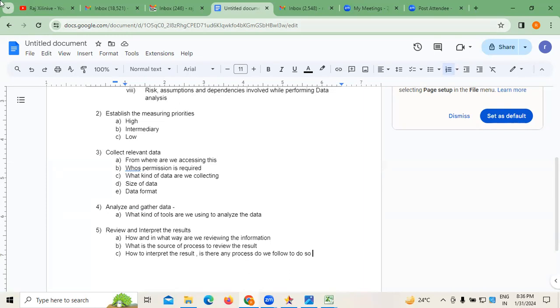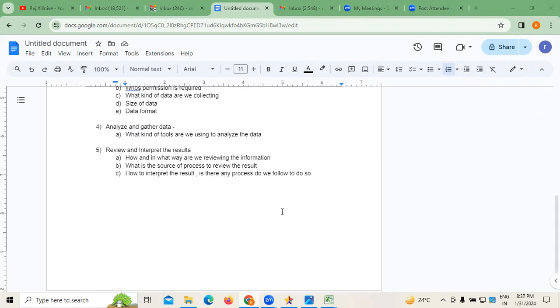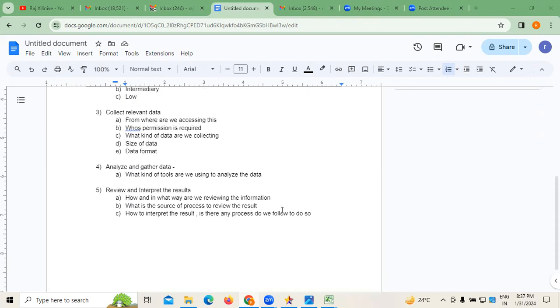So this is generally the data analysis process and the steps we normally follow whenever we are working on data analysis. This is all something which happens in the back of that.